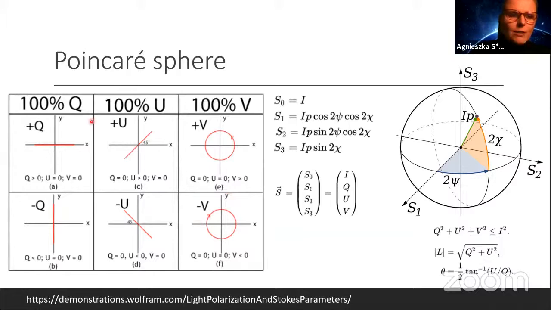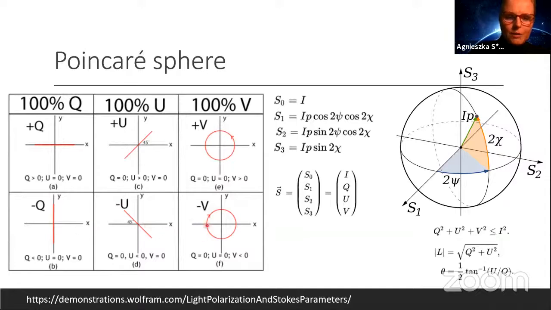And here you have the example of 100% polarized light. If Q is polarized for 100% and U is 0 and V is 0, this is the case for linear polarization. Here Q and V are 0 and U is greater than 0. And this is the case for V greater than 0 and Q and U being 0.